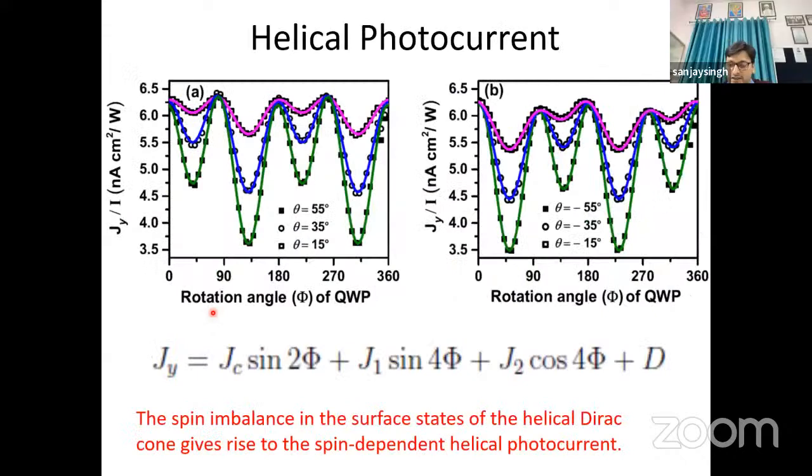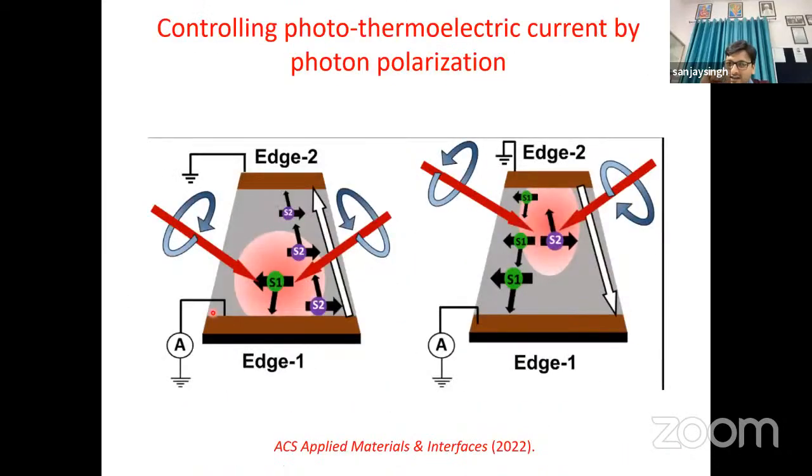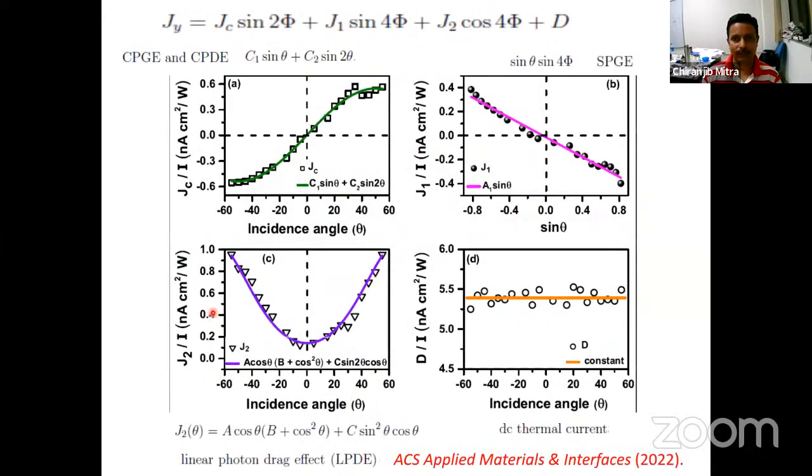Okay. Any other question? Okay, so no questions. So I have just a small quick question on the last part. Basically, what is the exact parameter which decides the direction of the photocurrent? Maybe I missed it. Okay, so there are a couple of parameters here. Can you see this top equation?